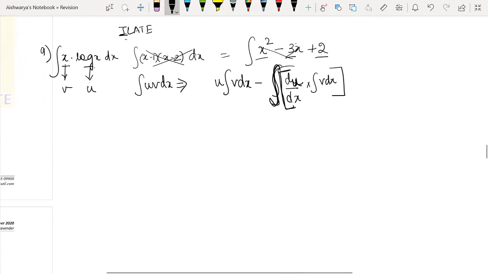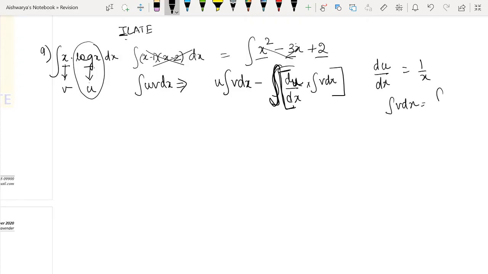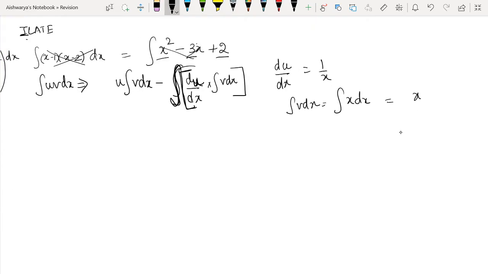Now before you even substitute, write down what is du by dx. Du by dx is differentiation of log x, which is 1 upon x. Now what is the integration of v dx? V dx is integration of x dx. X dx will be x square by 2.